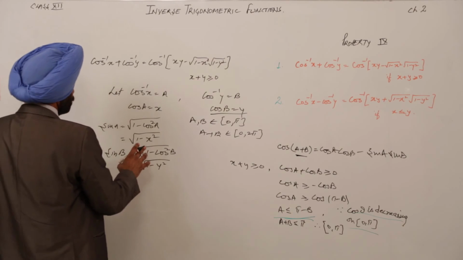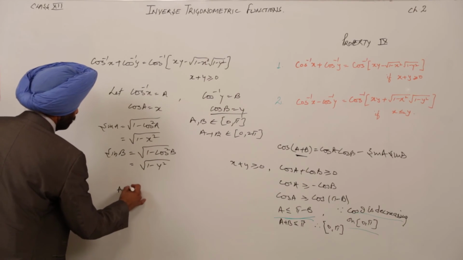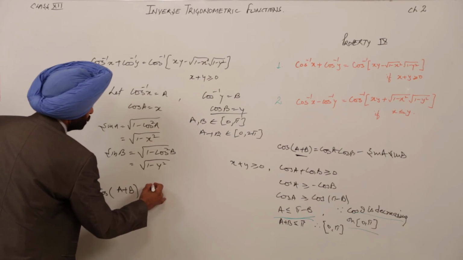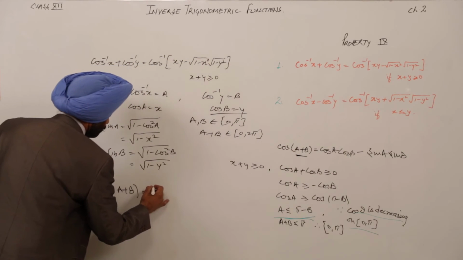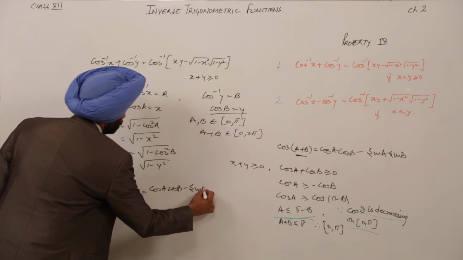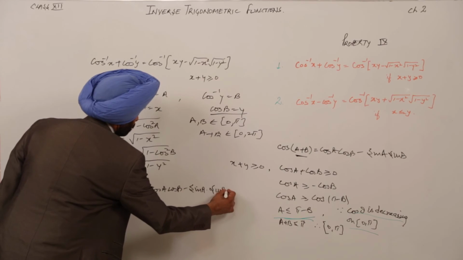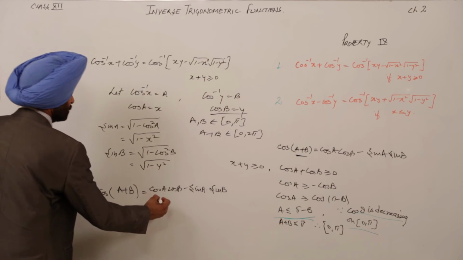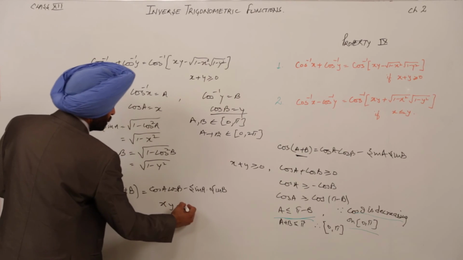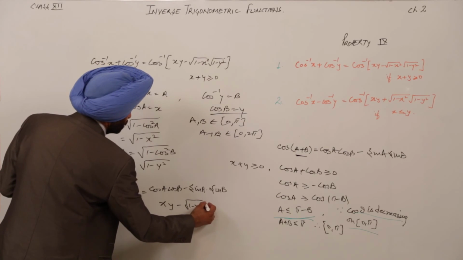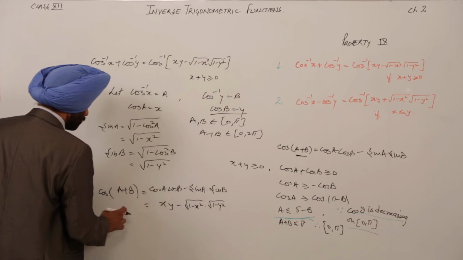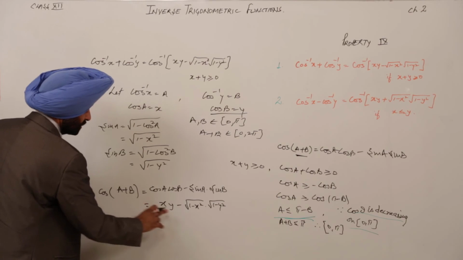So now we can move to a plus b. We had cos a plus b is equal to, what formula do we write? Cos a cos b minus sin a sin b. Now what is cos a? X. What is cos b? Y. Minus, what is sin a? Sin a is under the root 1 minus x square, and sin b is under the root 1 minus y square. Now on both sides we have cos a plus b is equal to this thing.